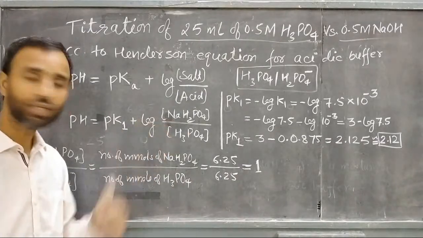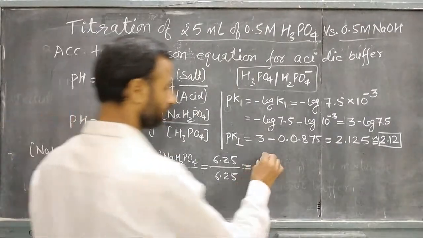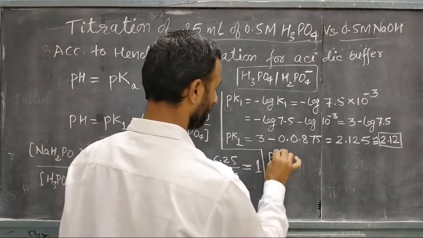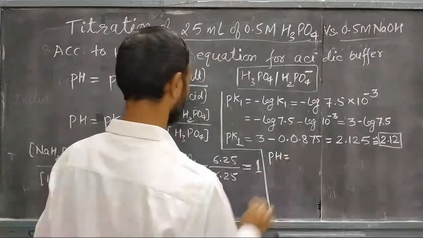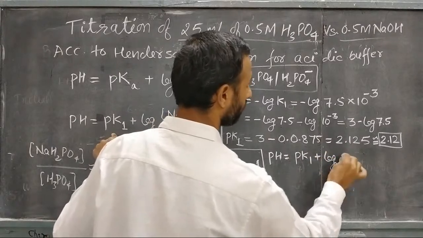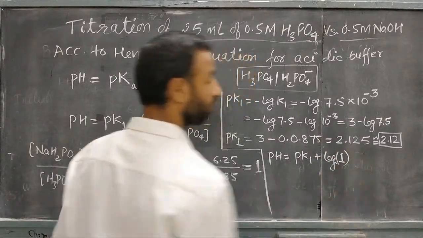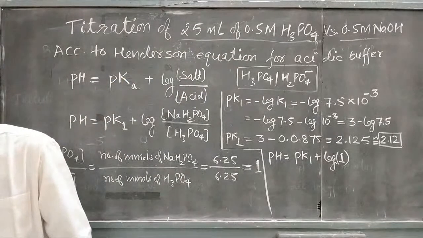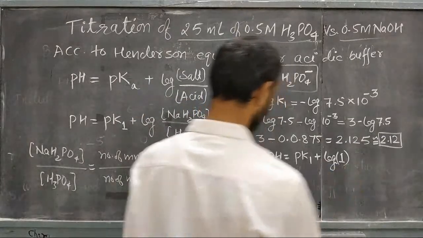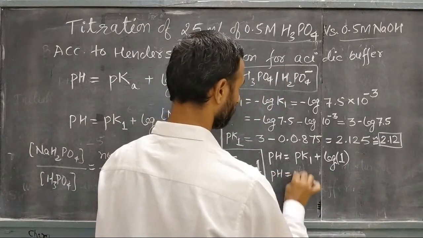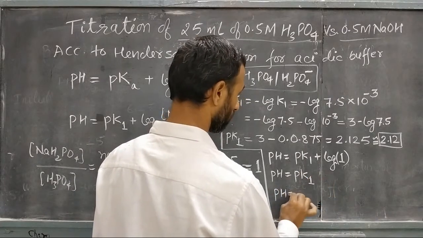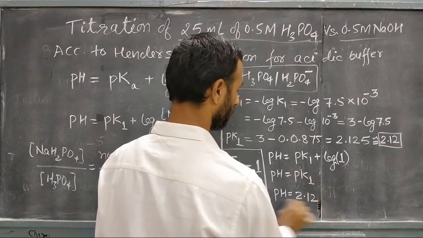And what is log 1? So pH is equal to pK1 plus log of 1. What is the value of log 1? Log 1 is 0. That implies pH is equal to pK1, which means pH is 2.12.